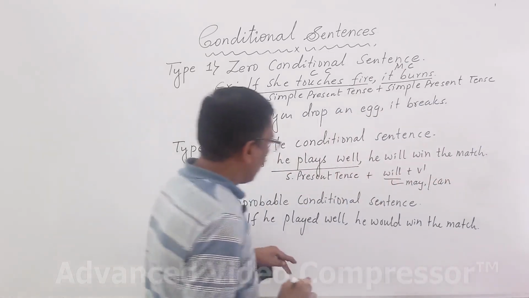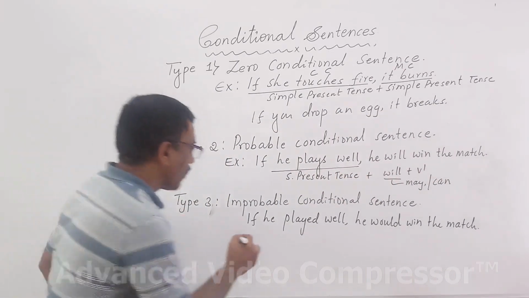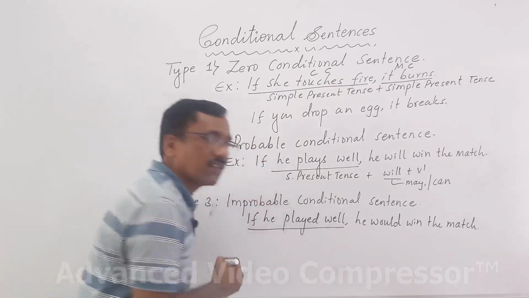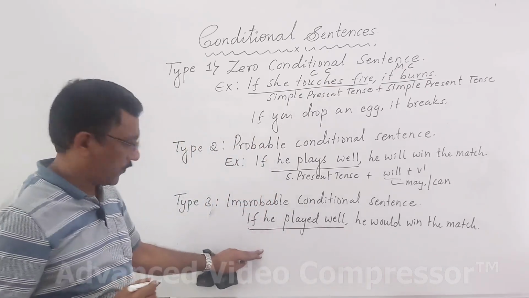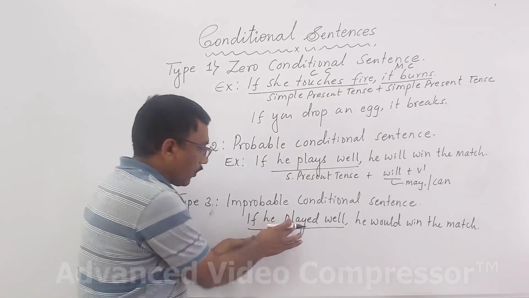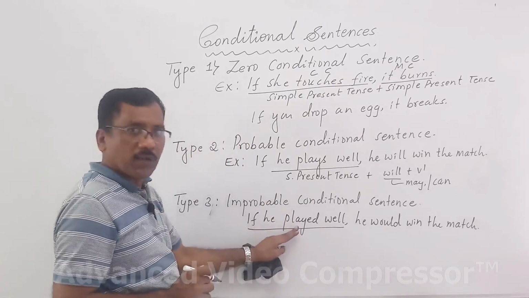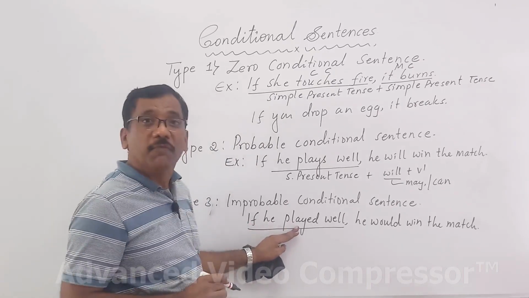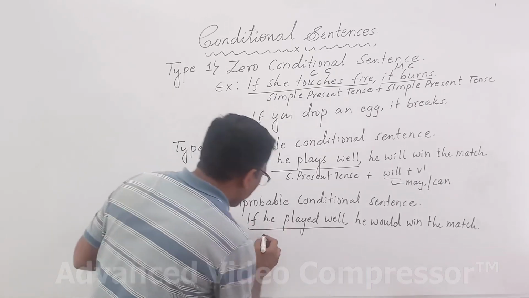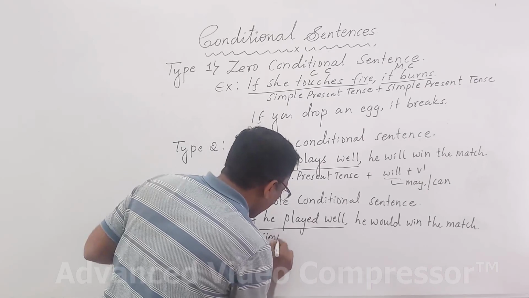Come on. Here, what is the conditional clause? If he played well is called the conditional clause. Subject is he and the main verb is played. Subject plus past form is there, so we say it's in simple past tense.